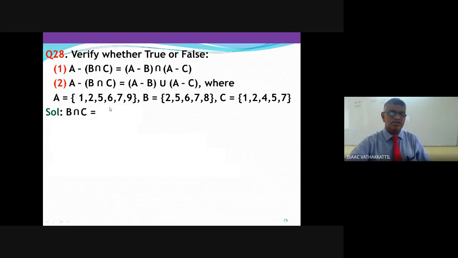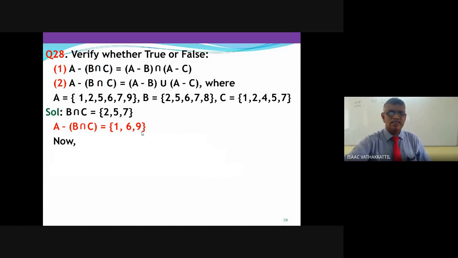B intersection C is 2, 5, 7. What about A minus (B intersection C)? From A, remove 2, 5, 7. What you get is 1, 6, 9. So A minus (B intersection C) is 1, 6, 9.